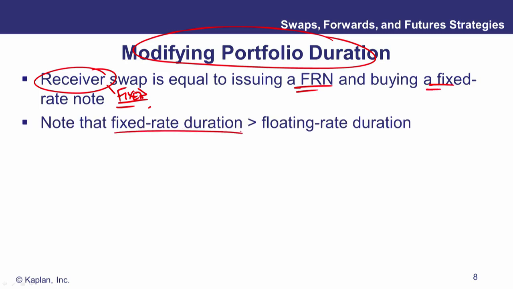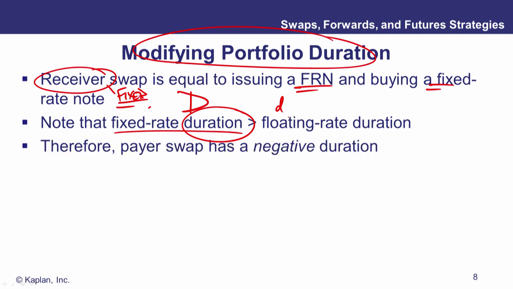Given that the fixed rate duration is going to be bigger, I call it big D, it's going to be bigger than the floating rate duration, call it little d, the receiver side is going to be increasing their duration. Yeah? They're going to be adding positive duration through their receive fixed swap.